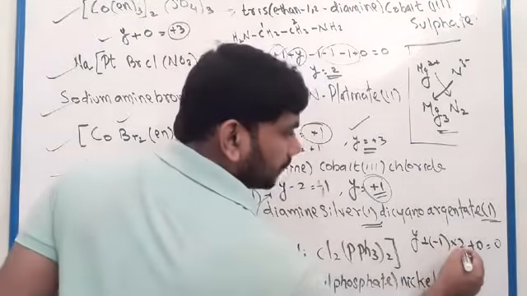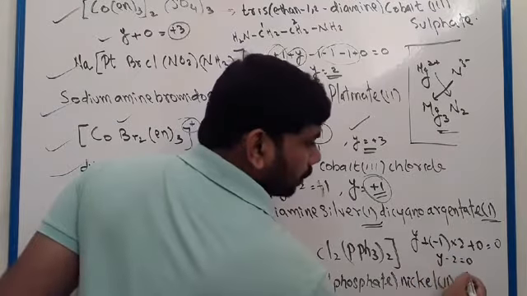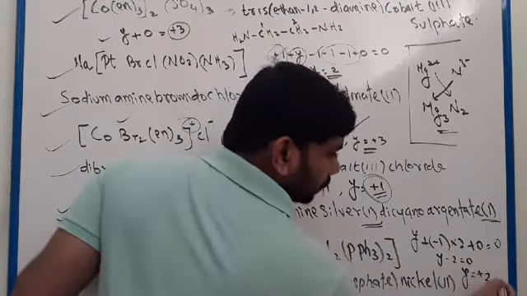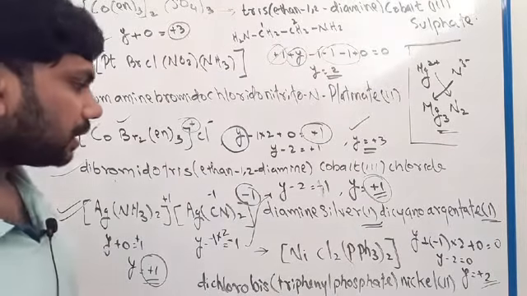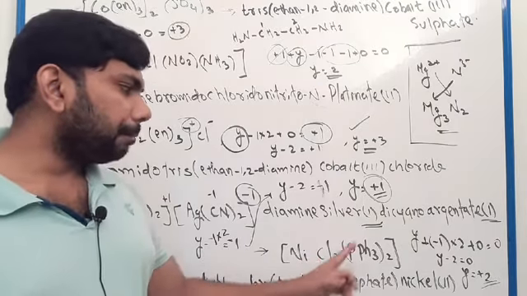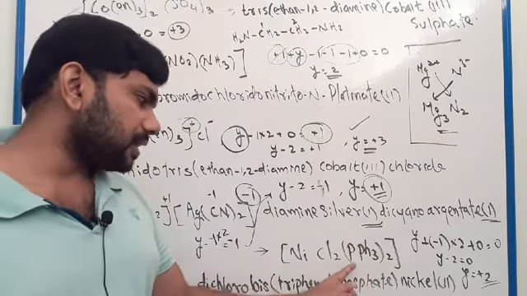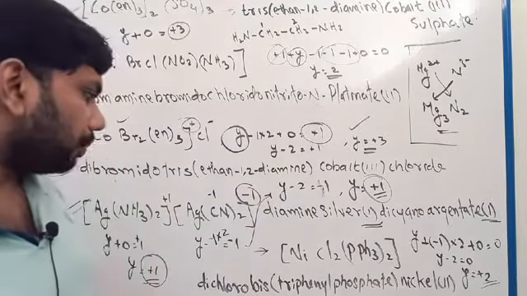So minus 1 times 2, it will be y minus 2 equals 0. So y equals plus 2. So here nickel will be in the plus 2 oxidation state. Clear? So the name of this one is dichlorido bis(triphenylphosphine) nickel(II). This is the name of the coordination compound.